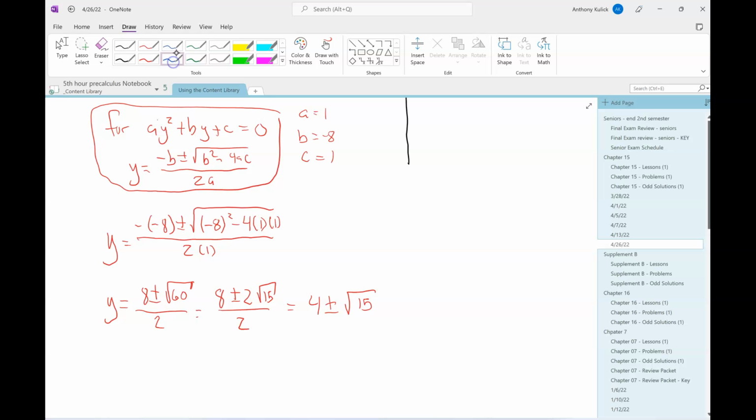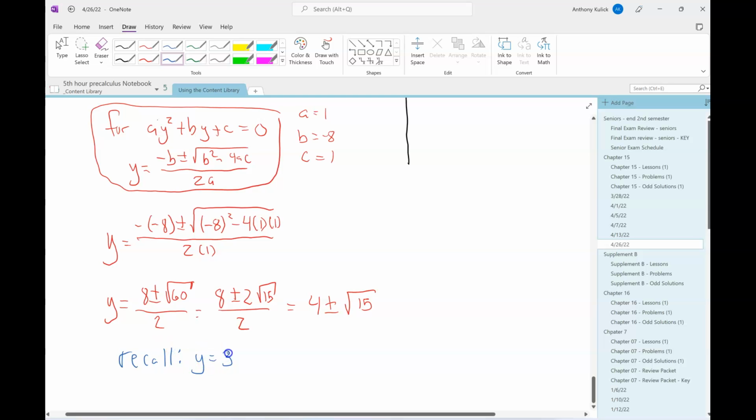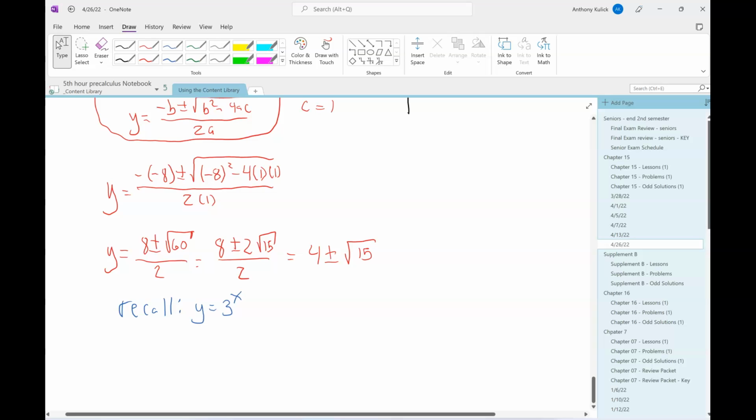So far, so good. But we're not solving for y. We want to solve for x. Remember that we said y was equal to 3 to the x.